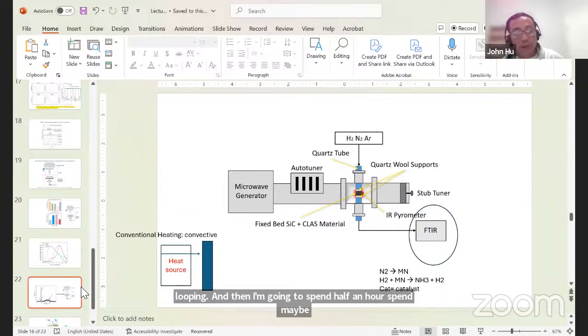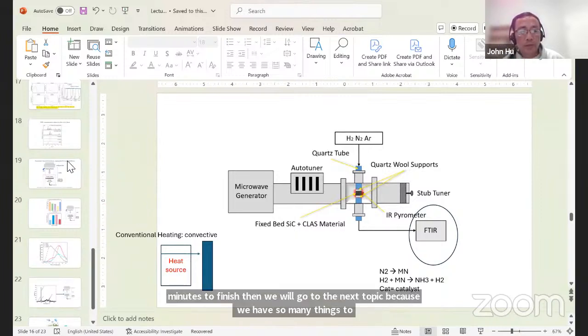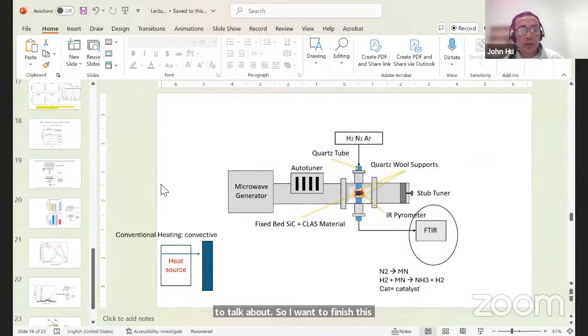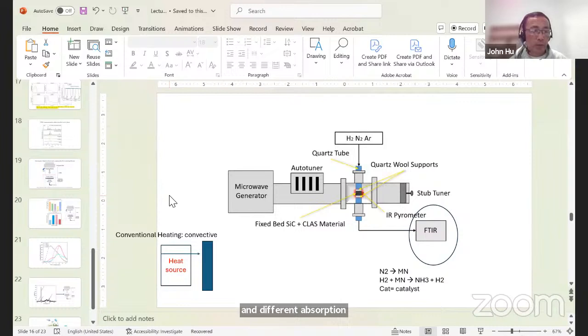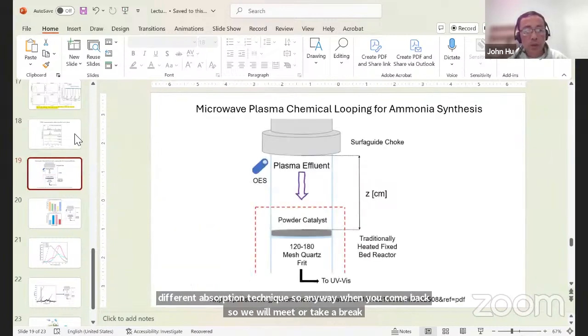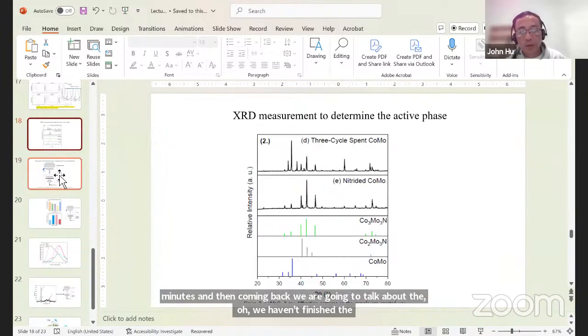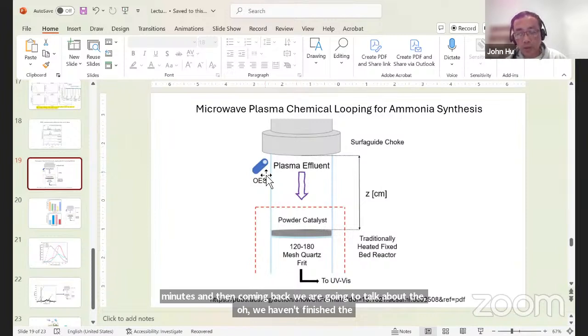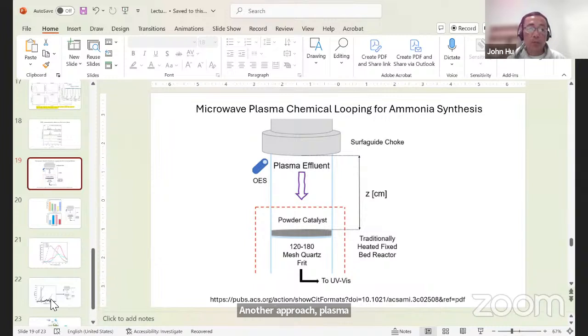Then we go to the next topic, because we have so many things to talk about: economics and different absorption techniques. After the break we haven't finished the XRD on microwave. Then we go to another approach, plasma, then chemical looping. It's getting more and more complicated.